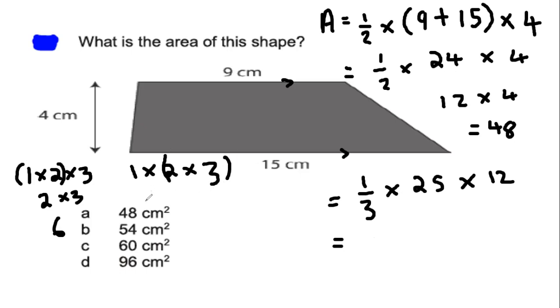Would I still get 6? Yes, sir. Could I multiply 1 and 3 first, then times it by 2? Would I still get 6? Yes, sir. So this is what we call the associative what? Law.